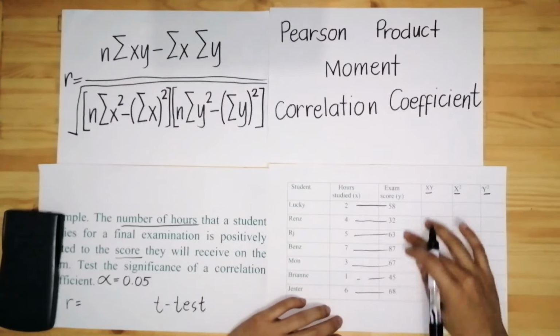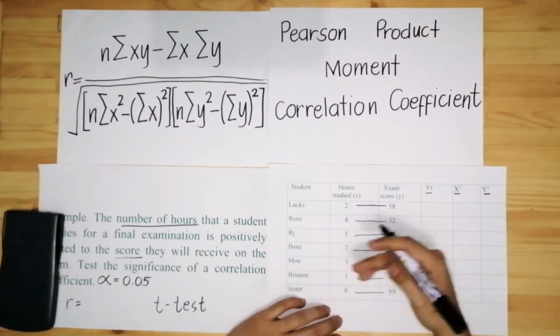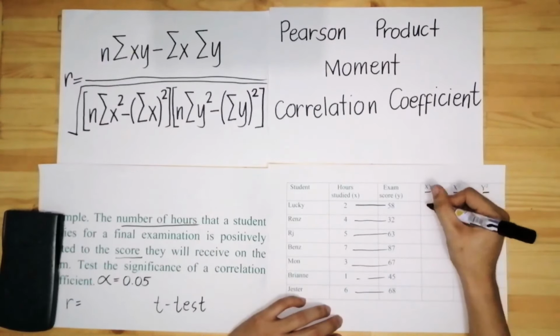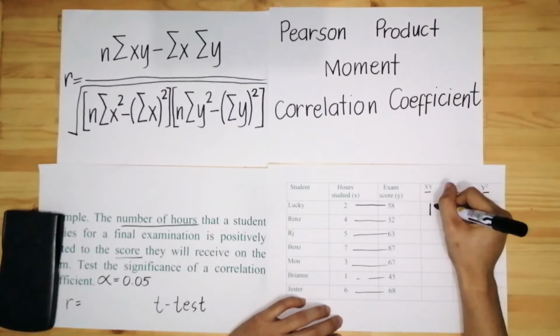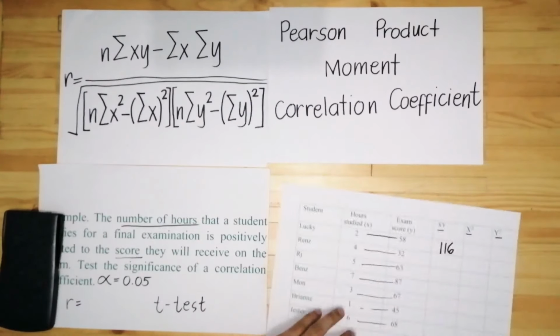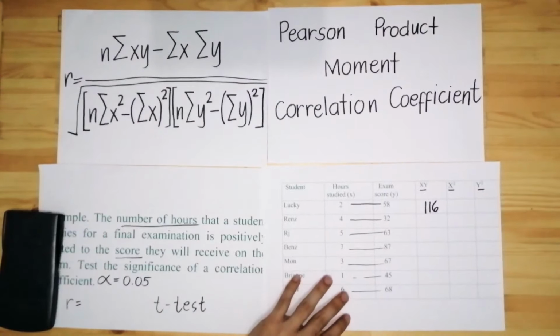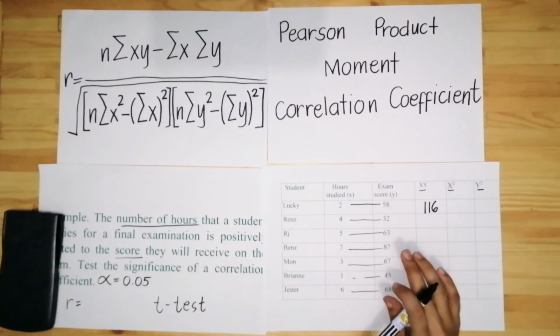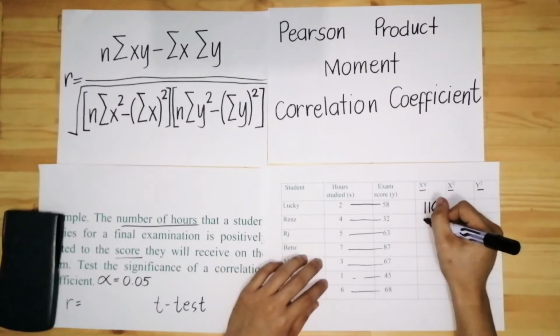So if you multiply them, the values that you will be getting from this given values are, ito na compute ko naman na kanina, so lalagay ko na lang 2 times 58 is 116. Okay? So next is 4 times 32. Meron tayong 128.